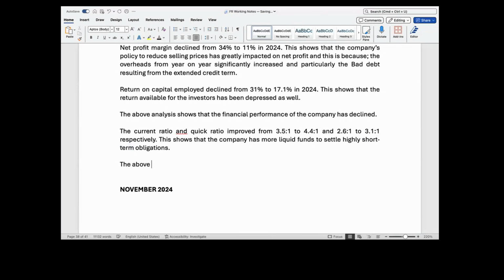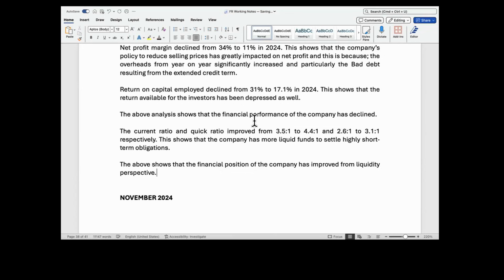The above shows that the financial position of the company has improved from a liquidity perspective.